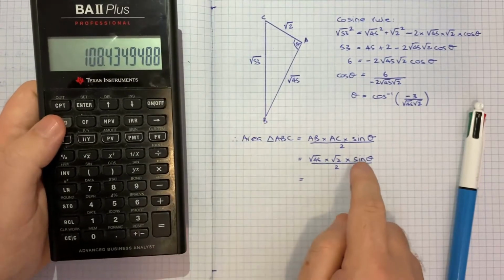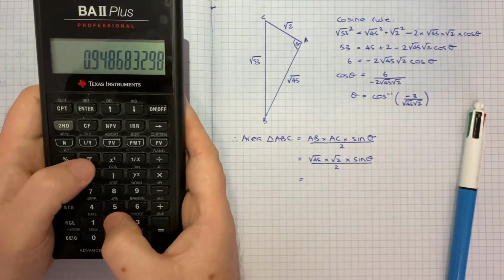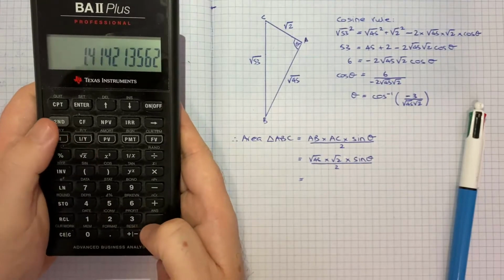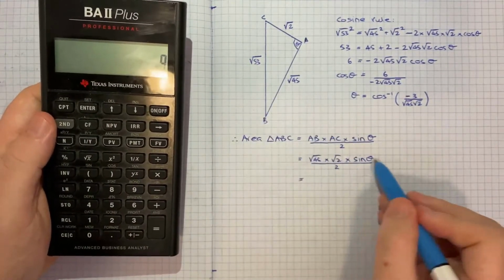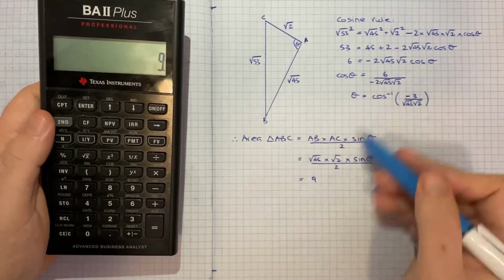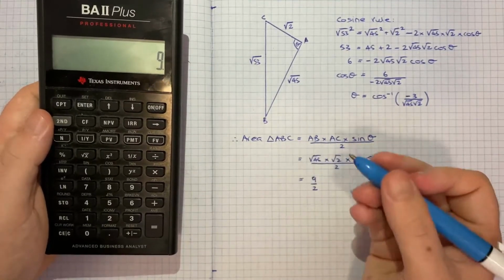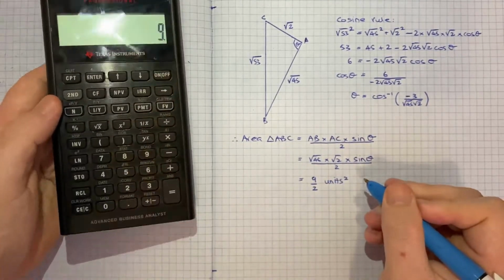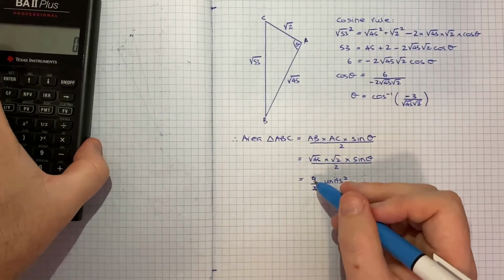So now I want to take the sine of that angle and multiply that by root 45 times root 2, and that's 9. Okay, so that came out as such a clean number. Gives me some confidence I haven't hit anything wrong in my calculator. So 9 on 2, I might just leave it as 9 on 2 units squared. So that's it. That's the area that we were asked to calculate.